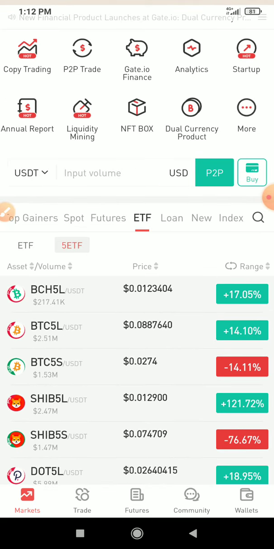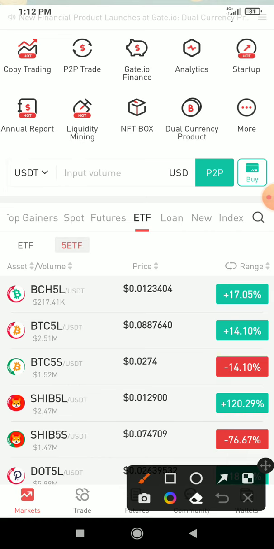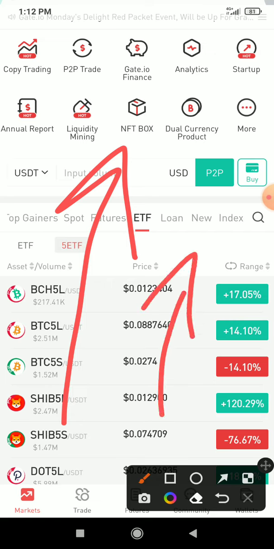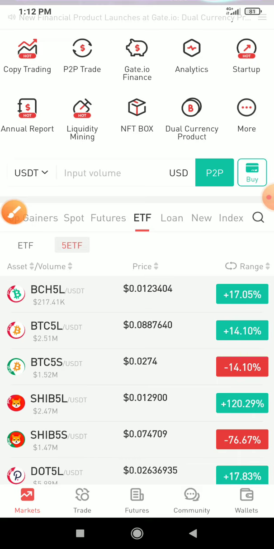In this, suppose we think the market is going up in this way. If the market is going through $50,000 USDT, if Bitcoin goes up and up and up, then we have to buy the BTC 5L.